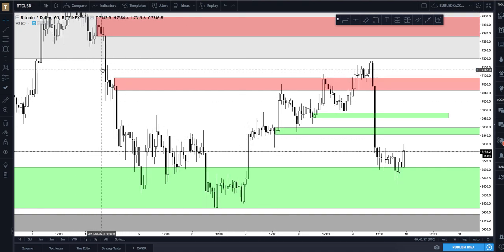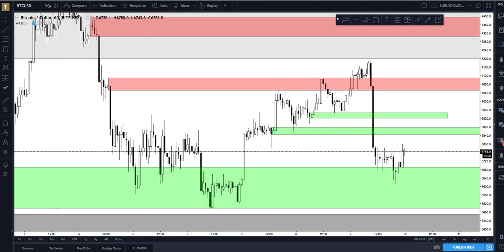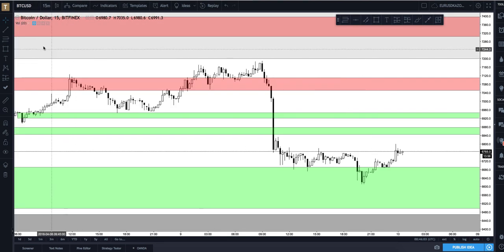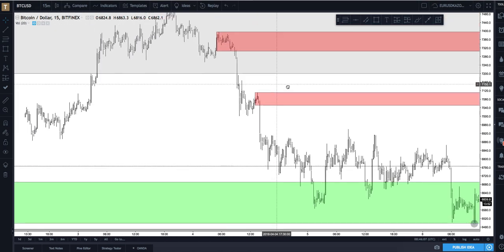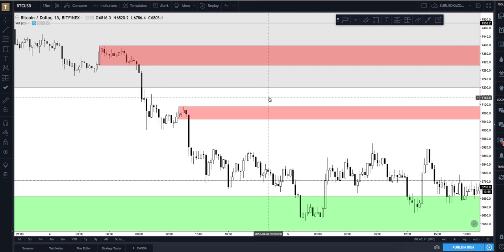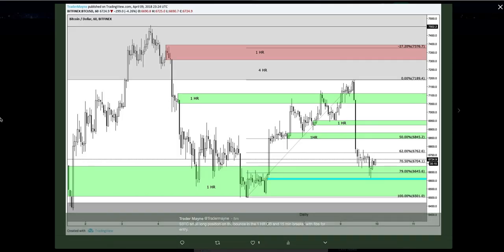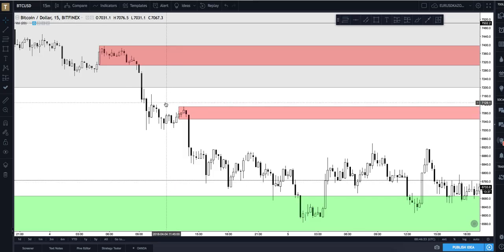I don't really care. I told you guys I'm playing this on a larger time frame, but what you could have done is went down to a 15-minute chart, went over here, and you could find a level right in here, I believe. So this is an order block right here.